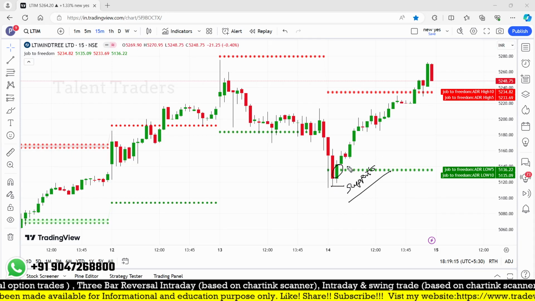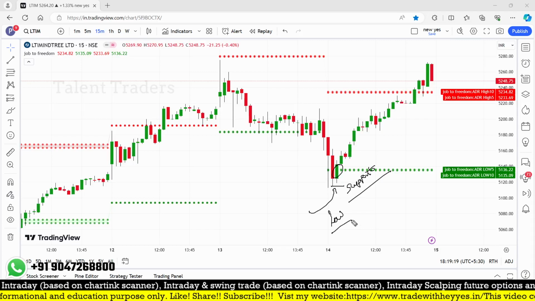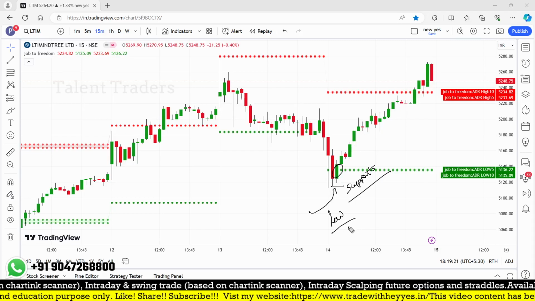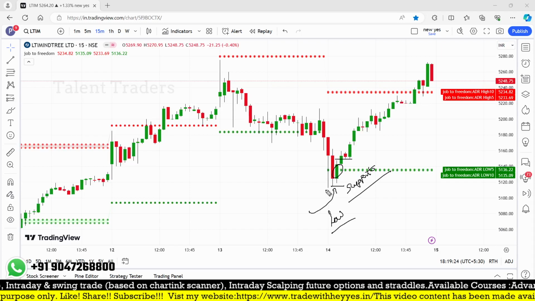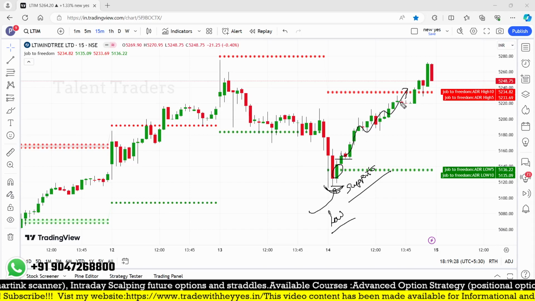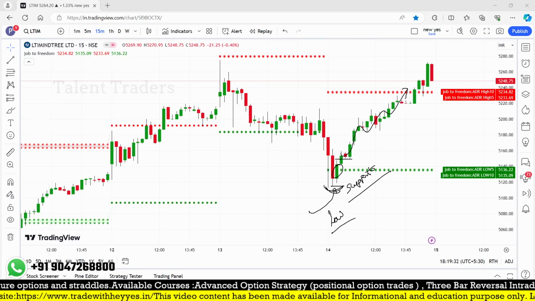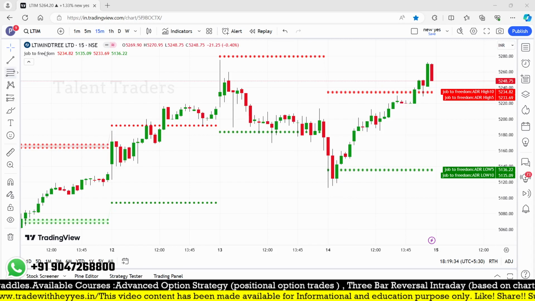It closed below the level, so we are looking for a sale opportunity below the low only. In this case, it has not broken the low. Maybe this second candle high and the recent swing low may act as support. In this particular case, it has not sold off. Instead, it is moving well at the ADR lower level.